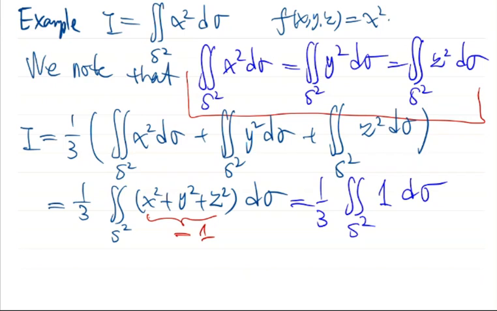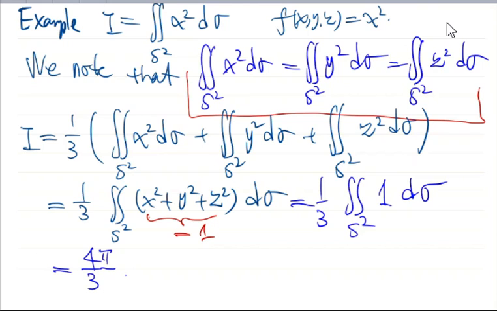For a constant function, the surface integral is precisely the area of the surface. So this is 1/3 times the area of the unit sphere, which we know is 4 pi. So this is the result of the surface integral we were required to compute. Okay.